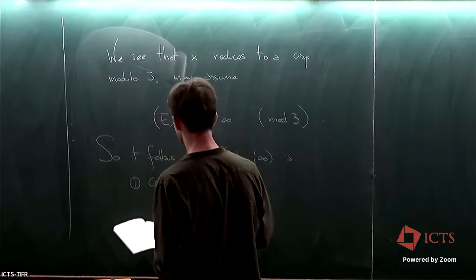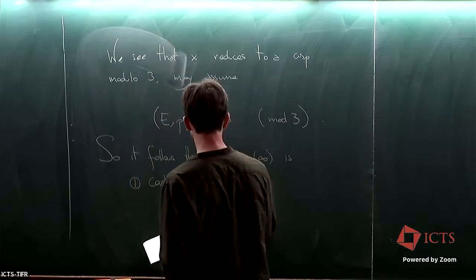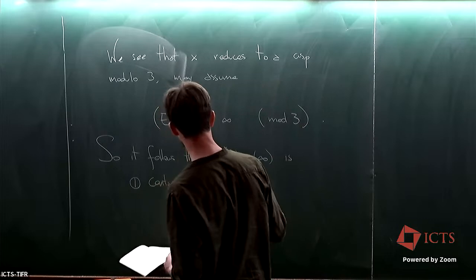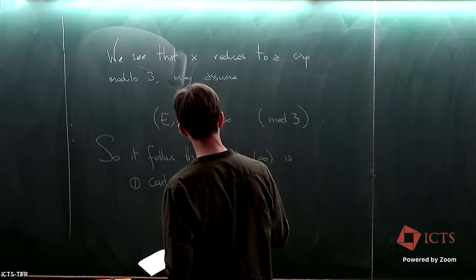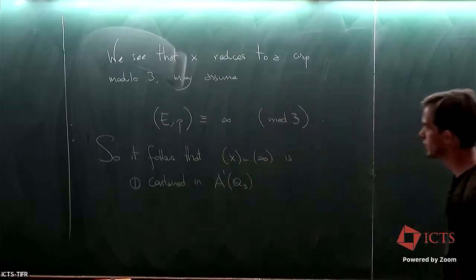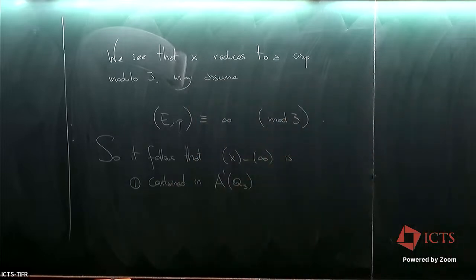It must be contained in this pro-3 group, which we actually gave a name before, called M, but I'll just call it with Silverman's notation now. So A superscript 1, yeah? So that's all the points reducing to the identity modulo 3.